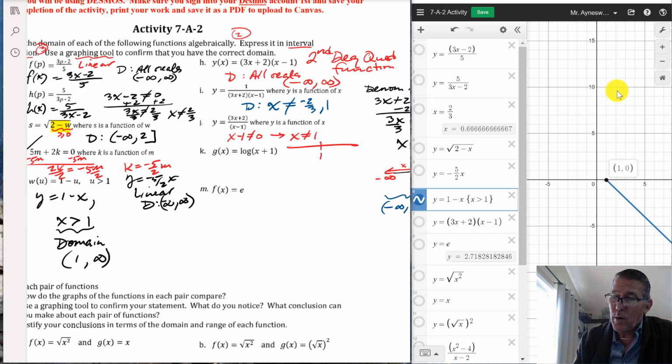So it's open at 1, and you can go left to negative infinity, go right to positive infinity. So if you're going to describe the domain using intervals, you'd say negative infinity to 1, that's on the left side, union, on the right side, 1 to infinity. So this is the domain using interval notation for J.